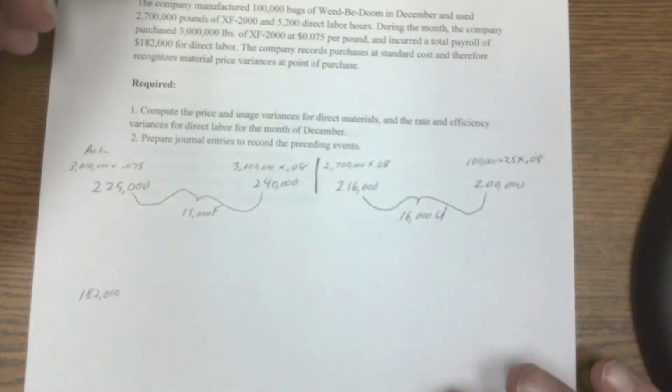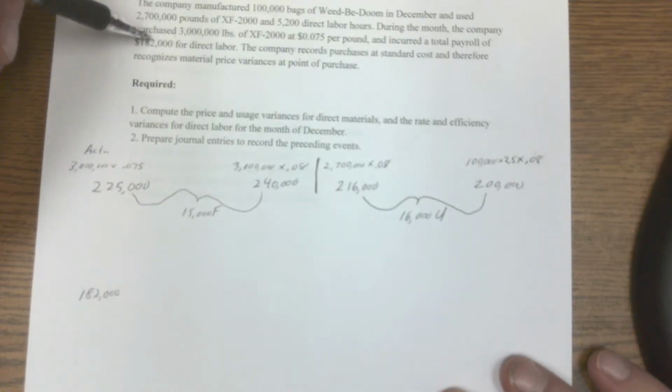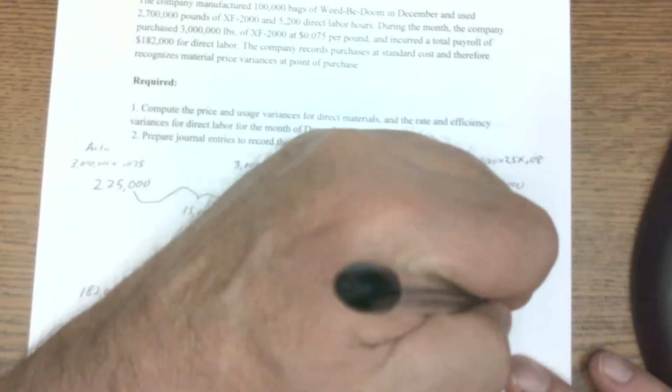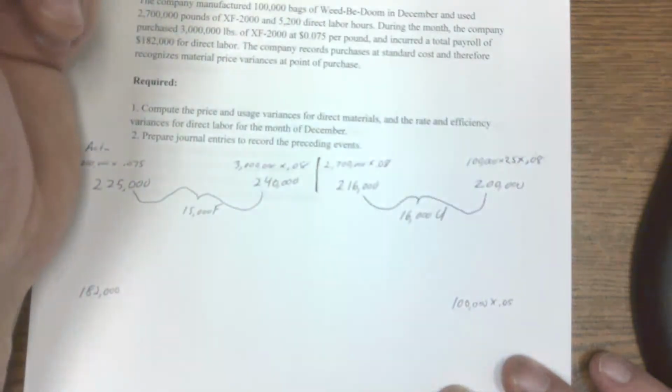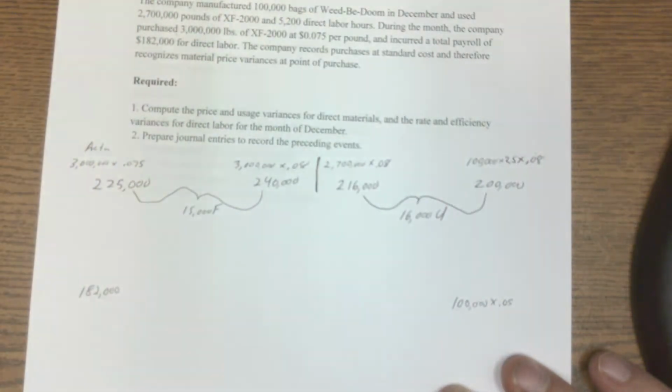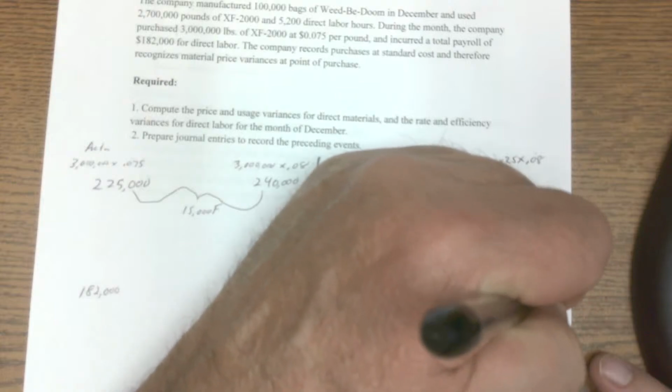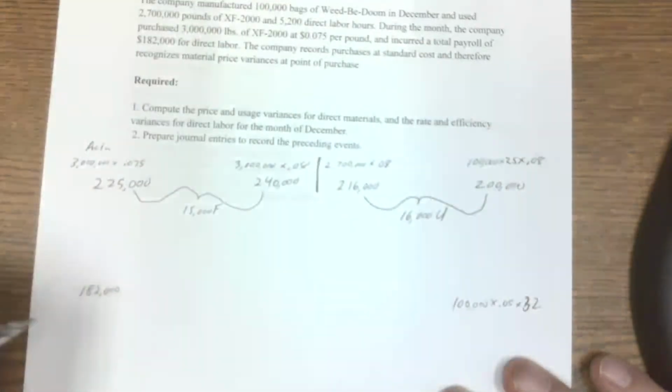And so we incurred 182,000 for direct labor. We made 100,000 bags. It should take 0.05 hours, and that is $32 per hour.